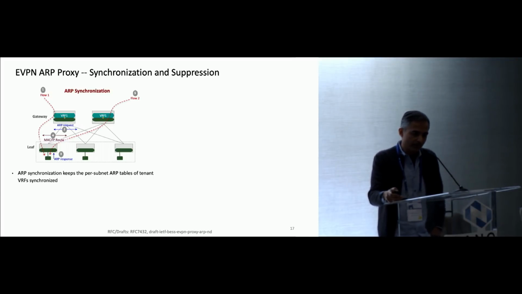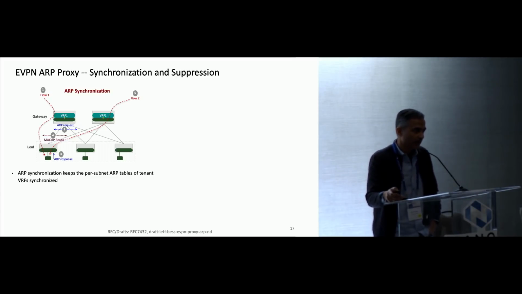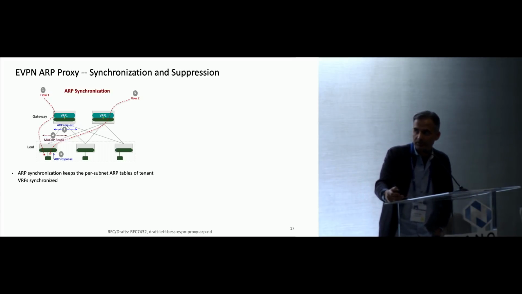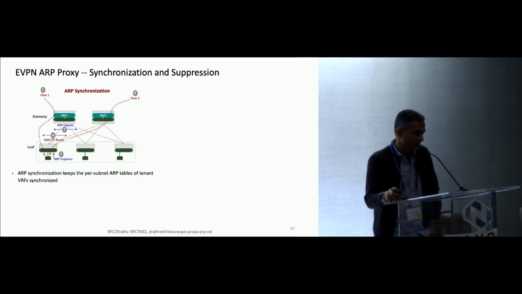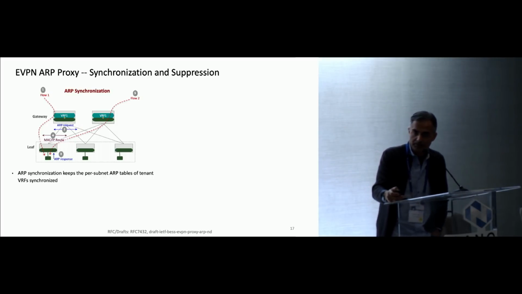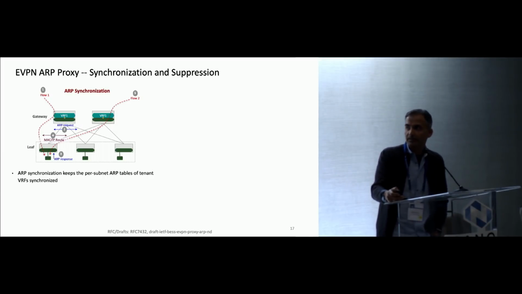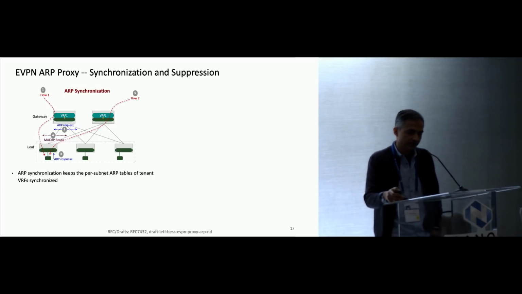Before I describe what ARP table synchronization is, let me describe how ARP tables are populated in traditional routed networks. If you have a subnet and there's, say, 2 gateways in the subnet, the way the table is populated is when an external packet is being forwarded into a subnet by a gateway. If it doesn't have an ARP entry, if it doesn't have a MAC for that particular IP, it sends out an ARP request, it gets an ARP response, and it populates the ARP table.